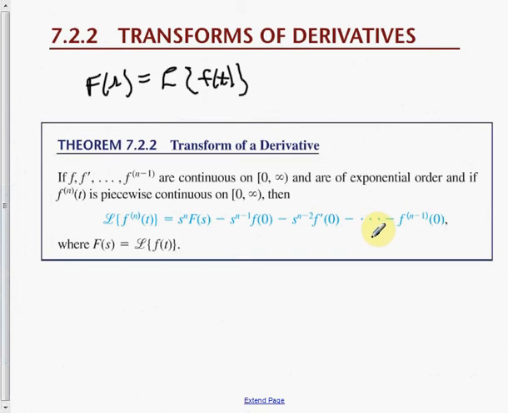You end up with s to the 0, which is just 1. But as you do that, notice that the initial conditions, and these are all initial conditions here, is times f of 0, that's the initial condition. The initial condition for the first derivative, that's f prime. Then you're going to go up to f double prime of 0, and so on.